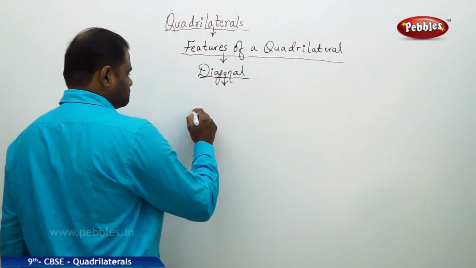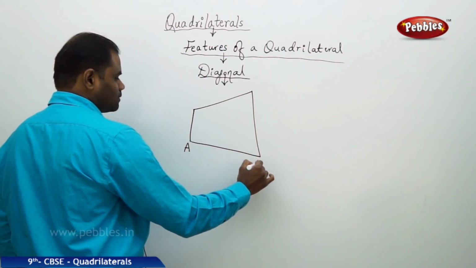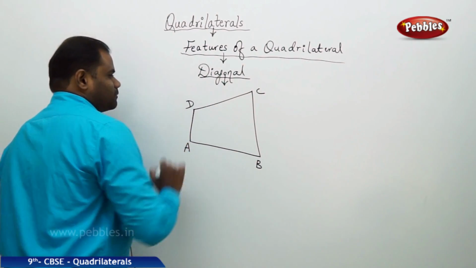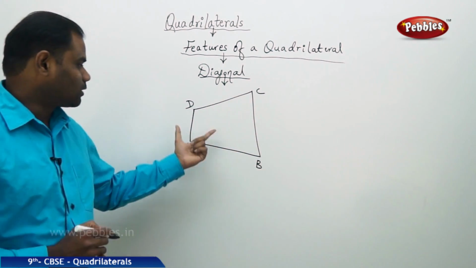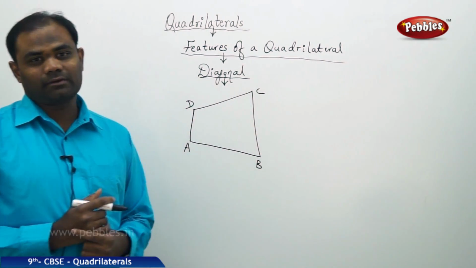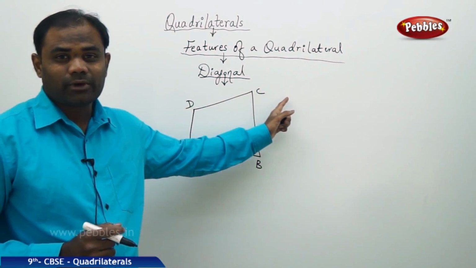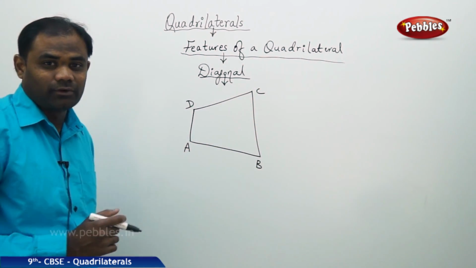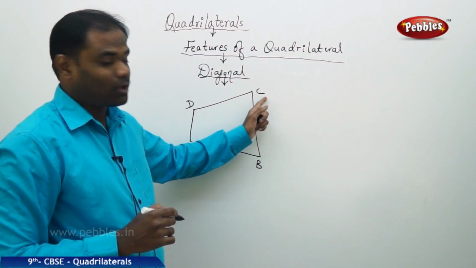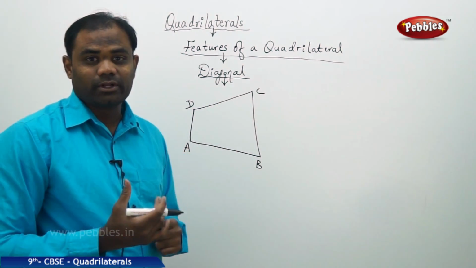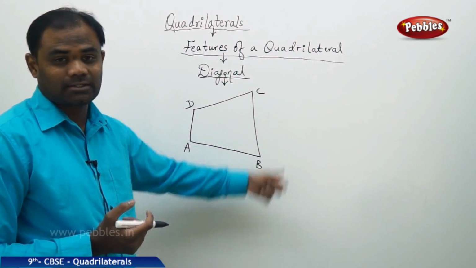Let me take a quadrilateral ABCD. Now we know that this is a 4-sided closed region which is called a quadrilateral. So ABCD is a quadrilateral. Now interestingly, I would like to investigate joining the 2 endpoints of the 4-sided figure. For example, I have A and C. Let's see what happens if I join A and C or B and D. So let's try to join the 2 points, investigating the diagonals or joining the alternate points.